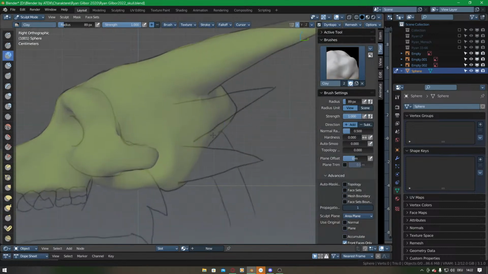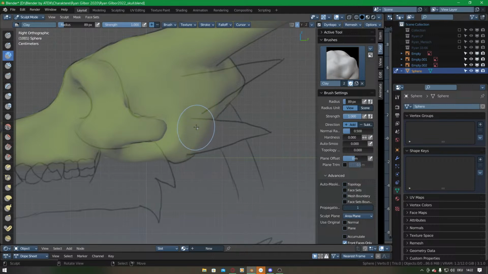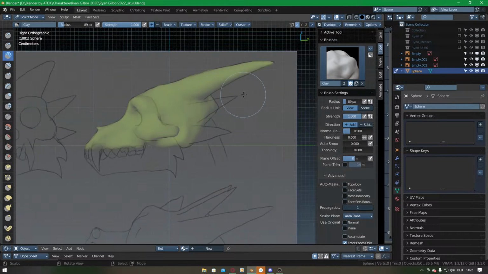Okay, I mean, this horn comes out of the bottom of here, which is kind of weird. And this horn goes up. It should go more like straight back. This one should go more like down, like this.